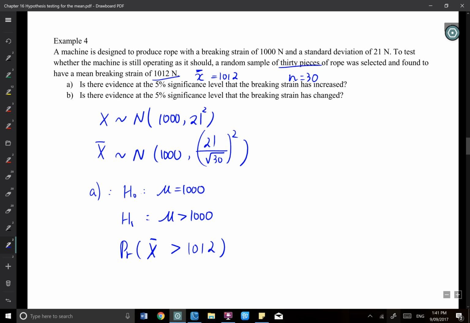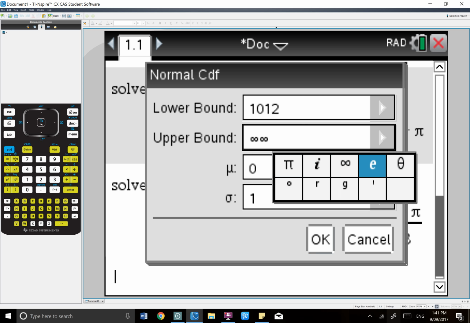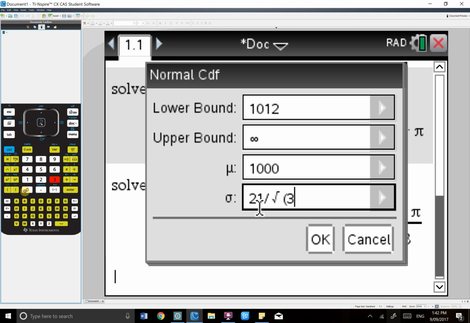So we use normal cumulative distribution, from 1012 to infinity. And mu is 1,000. You still use the original mu. And then the standard deviation is 21 divided by square root of 30.